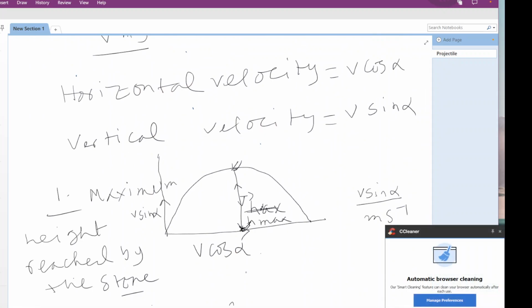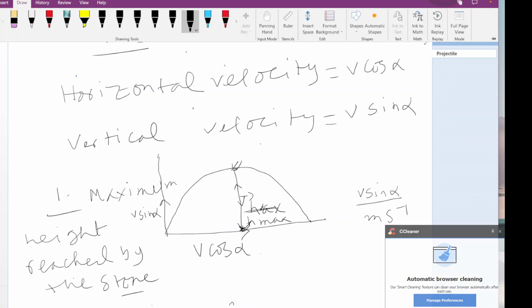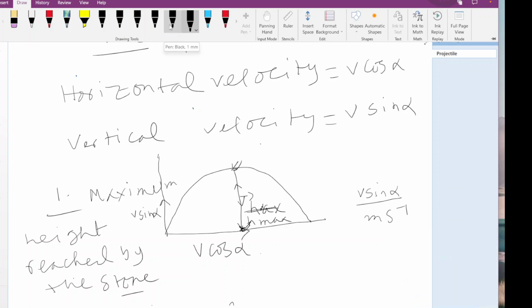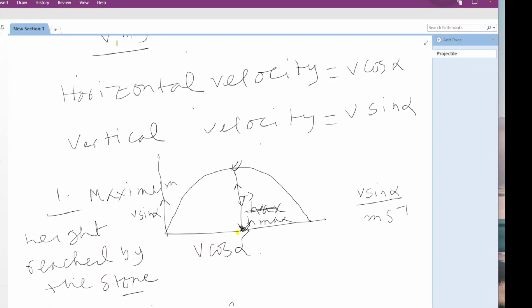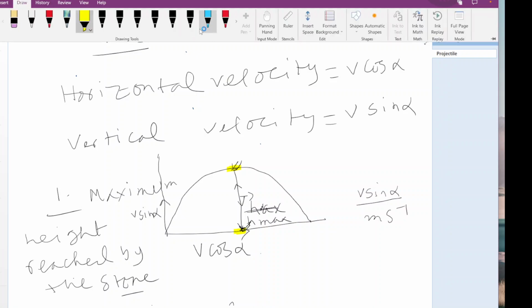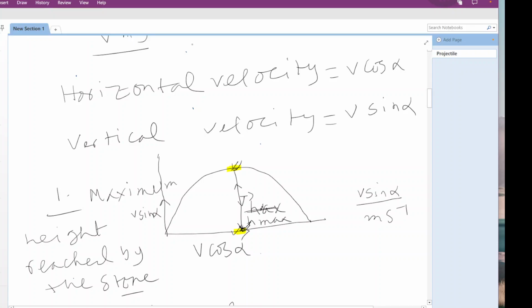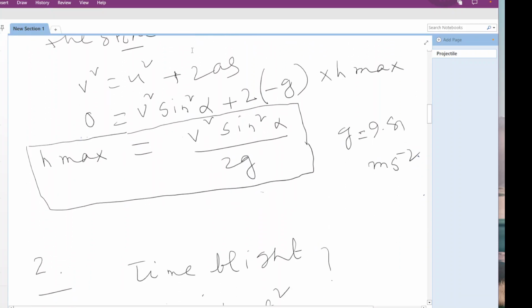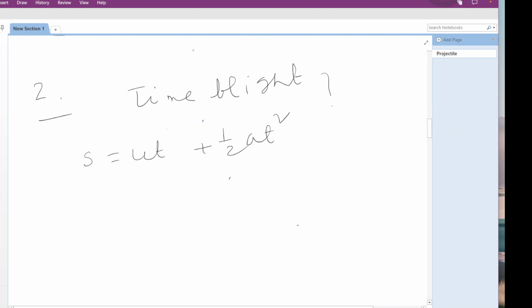The stone travels from here and then here, then it returns back to its original position here. Therefore displacement in this case is 0.